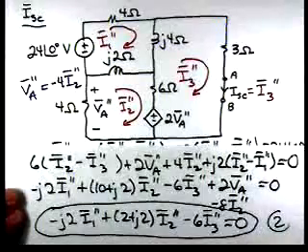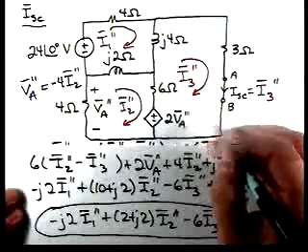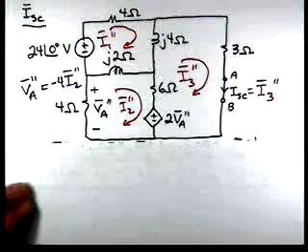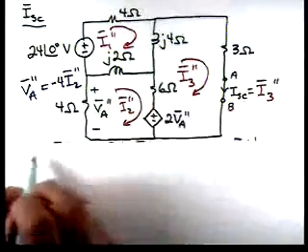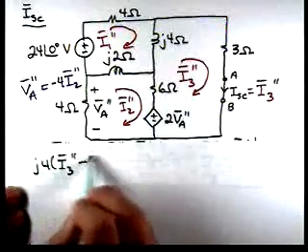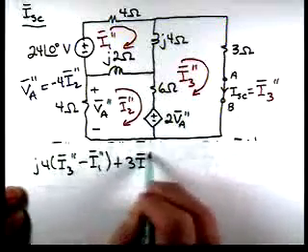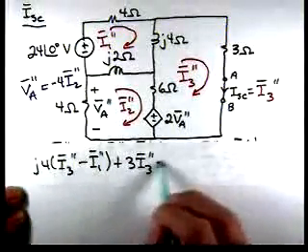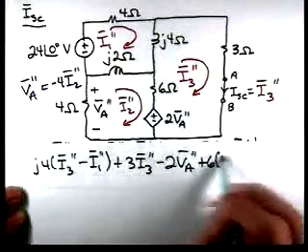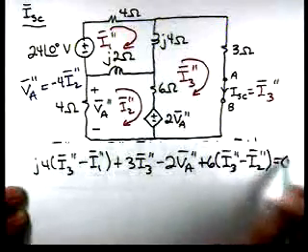Now we still need to do the mesh equation for this mesh. So if we start here, we'll have J4 times (I3 double prime minus I1 double prime) plus 3 I3 double prime minus 2 VA double prime plus 6 times (I3 double prime minus I2 double prime) equal to 0.